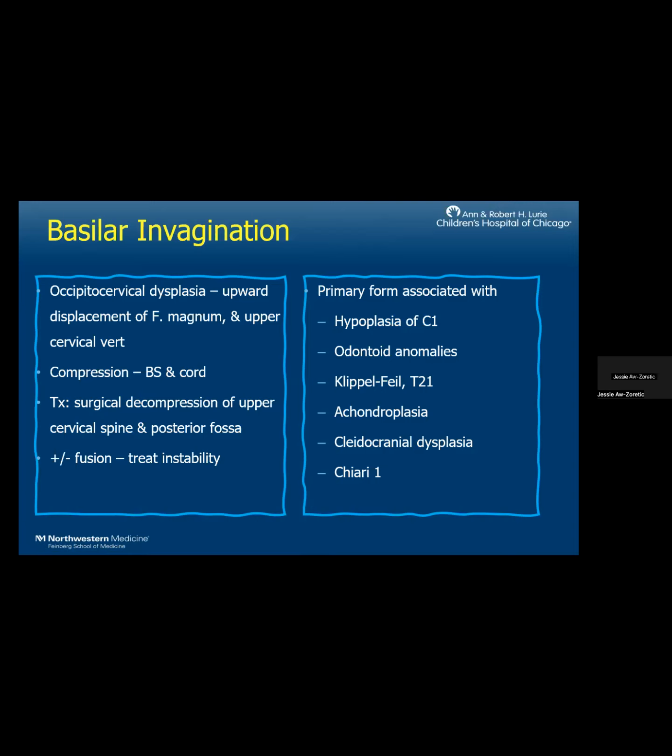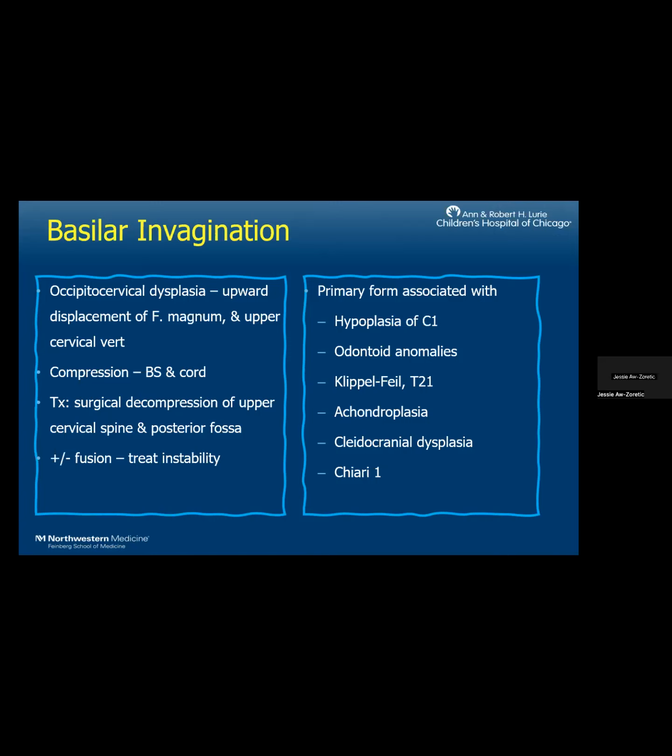So there are several forms. The primary form is associated with hypoplasia of C1. We talked about the various odontoid anomalies that also now come into play. Klippel-Feil syndrome. Again, we come across T21/Down syndrome, which is a very common entity.